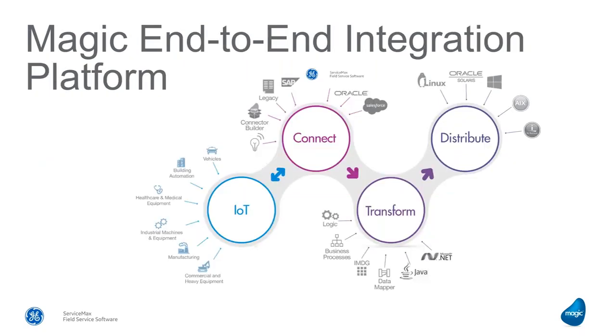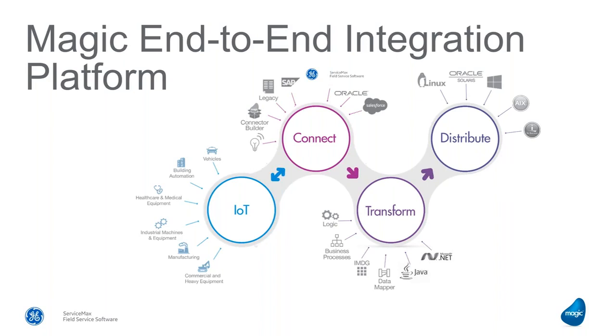Now, integration is a big and often ambiguous word that encompasses quite a lot of elements. So I wanted to take a moment to step back and review everything that this could potentially entail. As integration and business process automation experts here at Magic, we understand that full field service automation or any business process automation could require connection to several endpoints, a lot of different systems, databases, file types, etc. That transformation, data manipulation, and other logic could be required, and that data could potentially need to be distributed to several different locations.